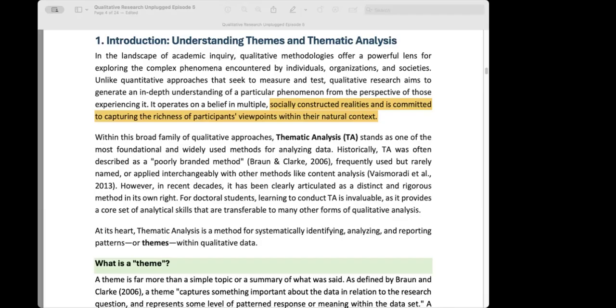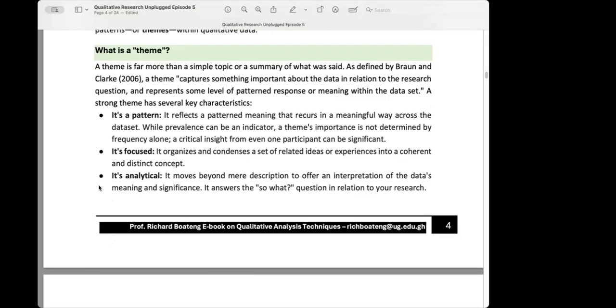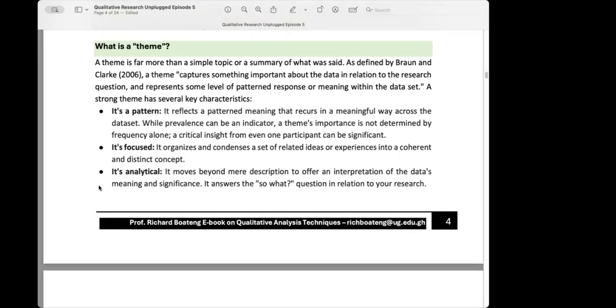Let's break down the essential characteristics of what makes a strong theme, because this is where the analytical rigor really comes in. First, a theme is a pattern. It reflects a patterned meaning, an idea, an experience, an attitude that recurs in a significant way across your entire data set. Now, and this is a really common misconception, don't confuse this with mere frequency.